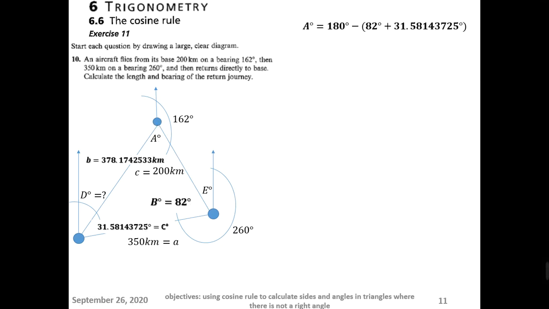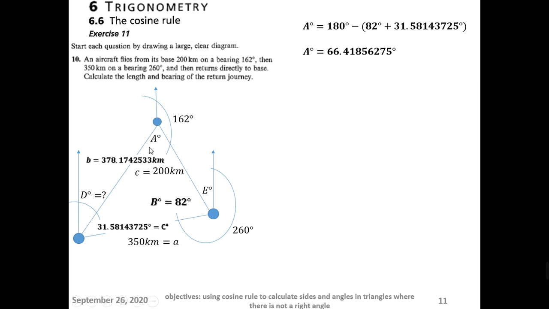Accordingly, A is going to be equal to 180 minus the sum of angles B and C. And once we calculate this, angle A is going to come down to 66.4, and this is correct to three significant figures.